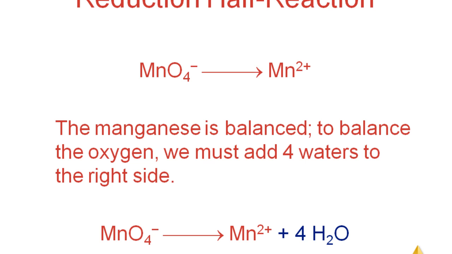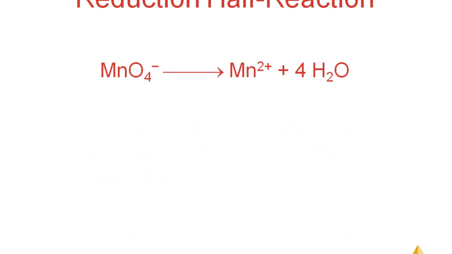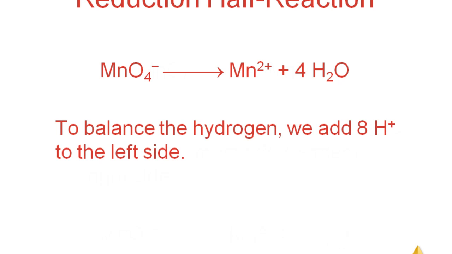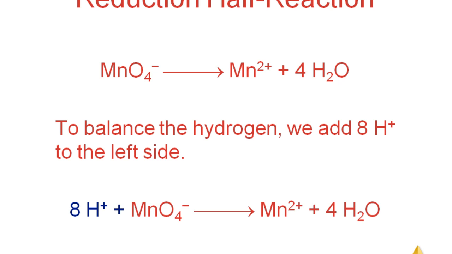So now we have 4 oxygens on both sides, but while adding 4 waters to the right side, we also added 8 hydrogens along with it, right? 4 water contains 8 hydrogen. So to balance those 8 hydrogens on the right side, we are going to add 8H plus to the left side. So now our equation is 8H plus MnO4 minus giving Mn2 plus 4H2O.